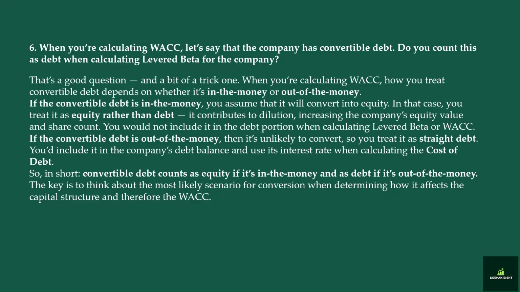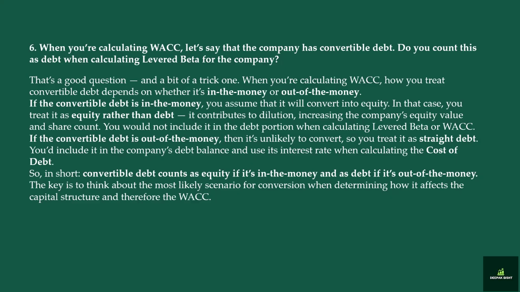Instead, you treat the conversion as a source of equity dilution, increasing the company's equity value and share count. Practically, you would use the if-converted method to adjust for dilution and re-estimate the company's equity value and capital structure accordingly. If the convertible debt is out of the money, the conversion price is above the current share price, so conversion is unlikely.